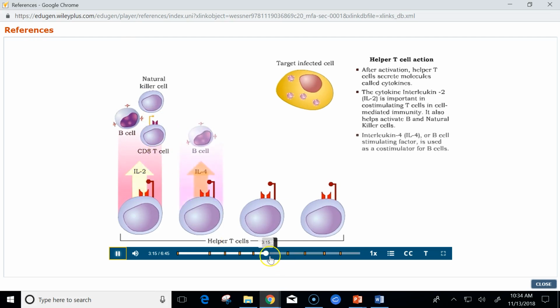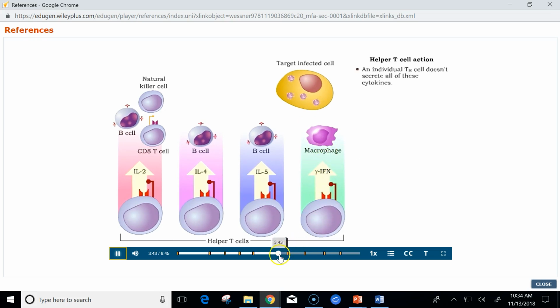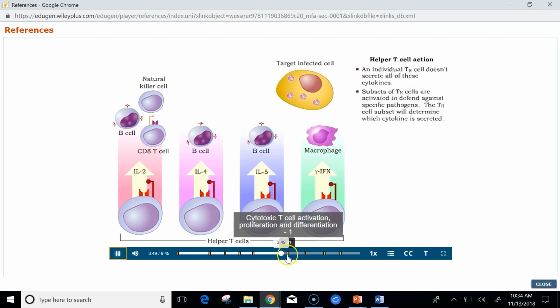Other cytokines are IL-4. IL stands for interleukin: a white blood cell talking to a white blood cell. Then there's interferon, when we've got viruses talking to, say, a macrophage. The good news is that the only cytokine we're going to concentrate on is the first one. Subsets of helper T cells come a little bit later on.